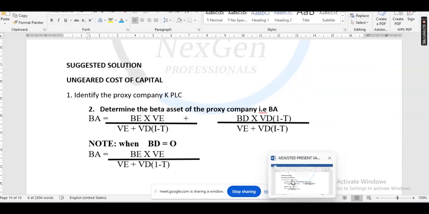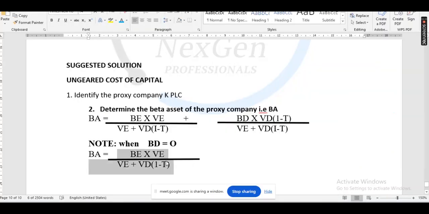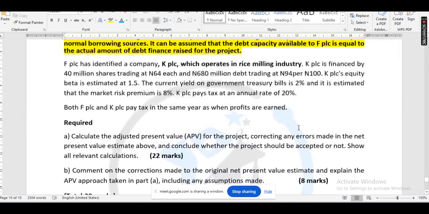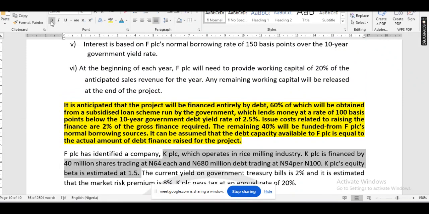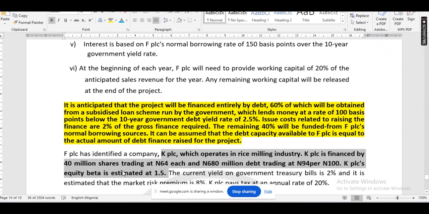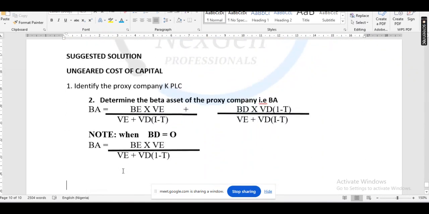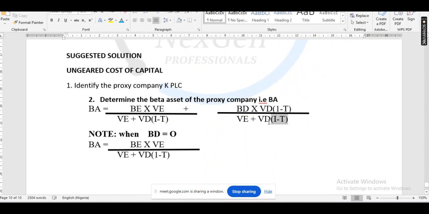Okay. Now, class, beta debt is equal to 0. Why? Because the beta debt of the proxy company is not given. When you look at this part now, there is nothing like beta debt. The only thing that we have here is equity beta. So therefore, this part of beta debt will be equal to 0.